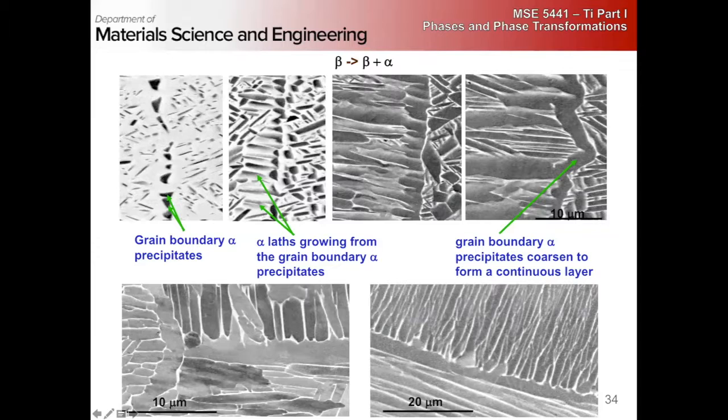We get the allotriomorphic grain boundary alpha that forms, right? And then we essentially have Widmanstätten-like behavior, and the grain boundary alpha forms a continuous layer, right? So that's very much like the growth of Widmanstätten ferrite from austenite.